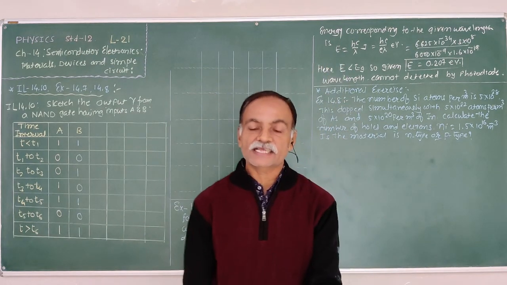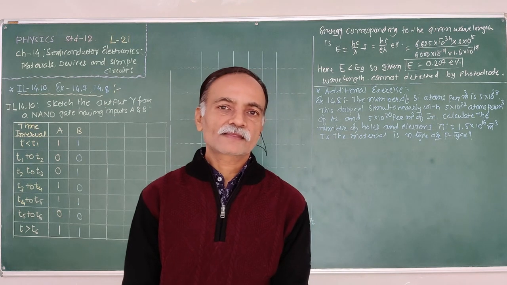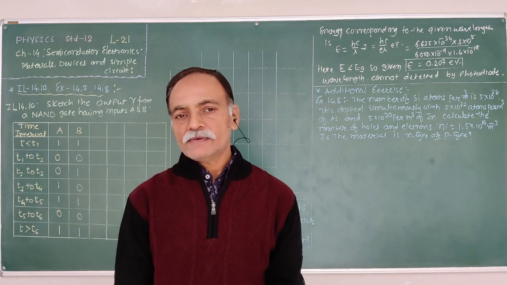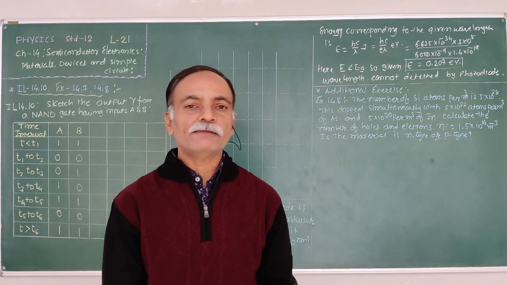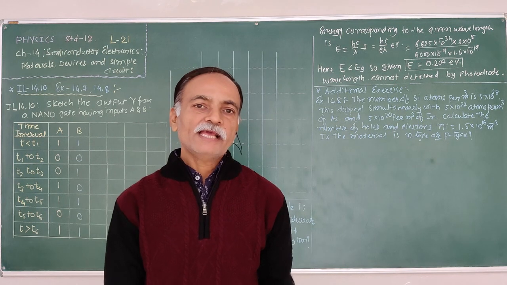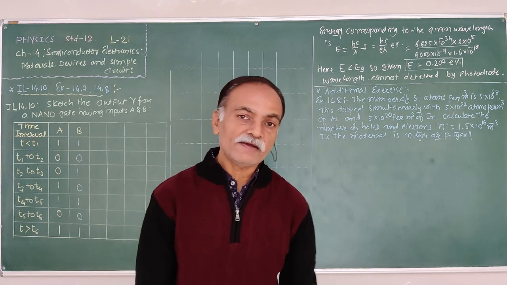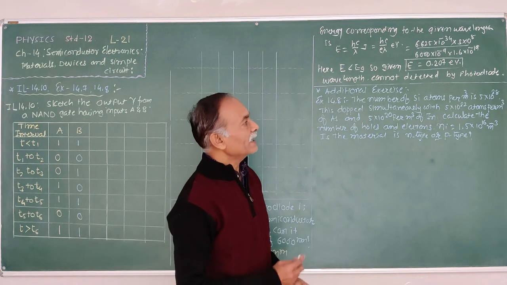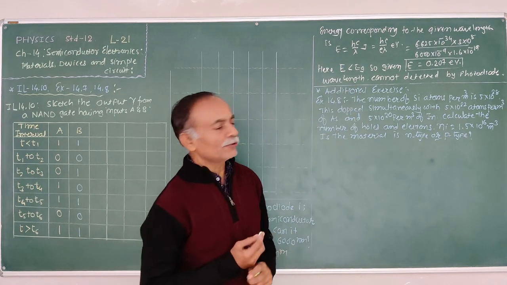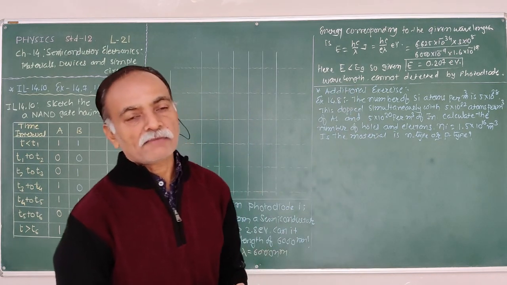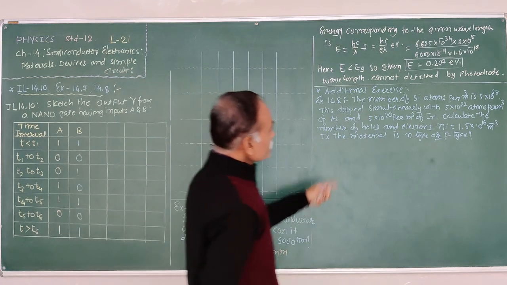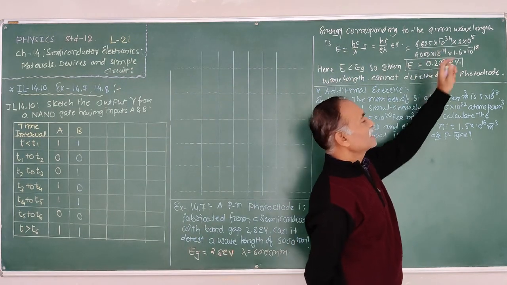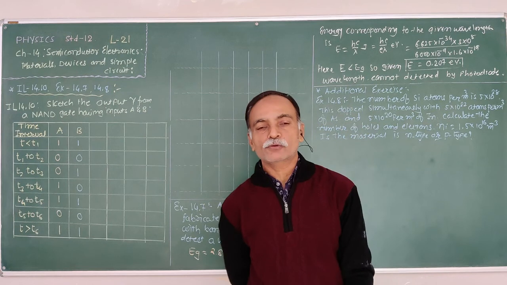If this energy is greater than the band gap energy, at that time this wavelength can be detected by the photodiode. If the energy corresponding to the given wavelength is less than the band gap energy, this wavelength cannot be detected by the photodiode. Therefore, the energy we obtain is 0.207 electron volt.